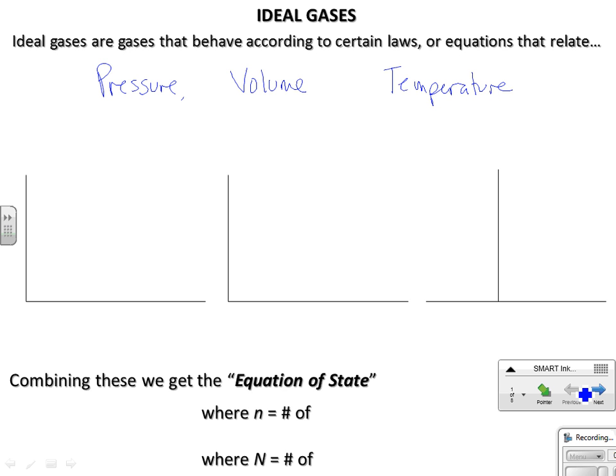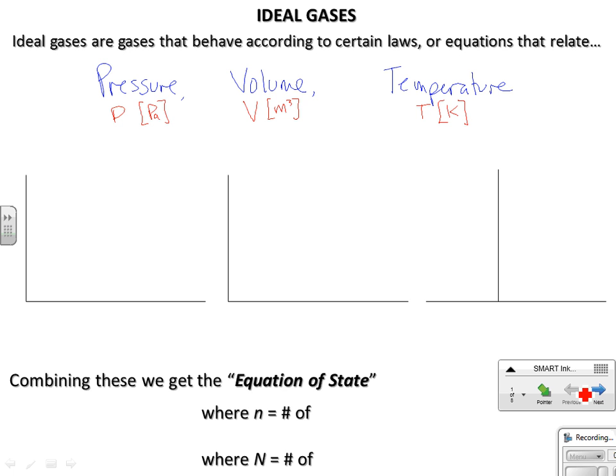We say that those are three quantities that can define the state of a system. Pressure, we're going to use capital P and measure in pascals. Volume is capital V, measured in cubic meters. Temperature is T, which we're going to measure in kelvins.